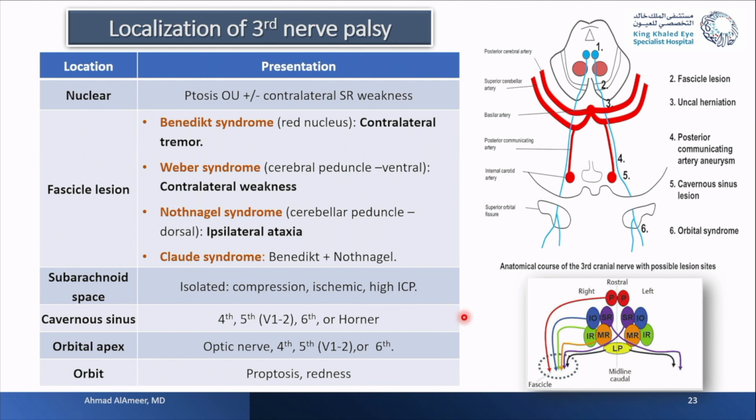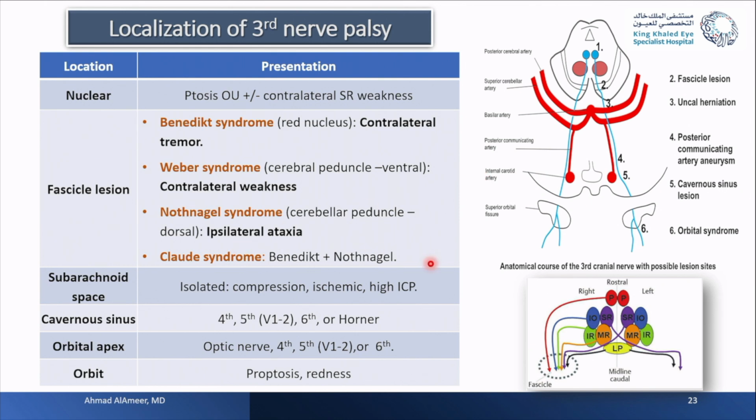Clear? You do not need to memorize. If you see the patient clinically, it doesn't matter if it's Benedict syndrome or Weber syndrome. You know what you are dealing with. You know you are dealing with a midbrain lesion. Okay? If the patient has an isolated one, it's likely to be here in the subarachnoid space, either from compression, aneurysm, or high ICP.